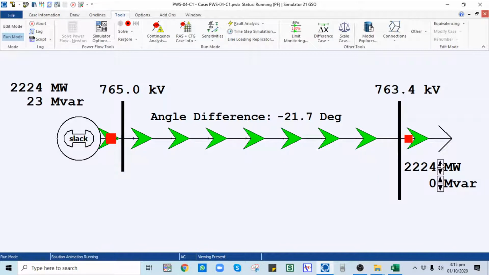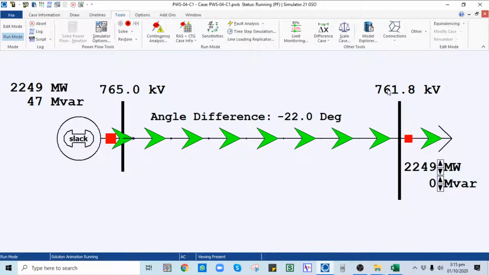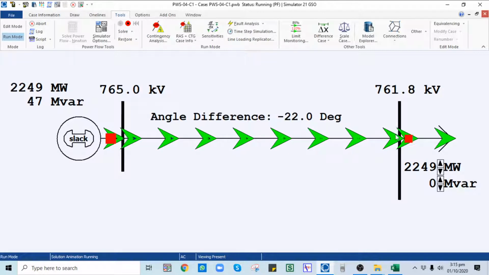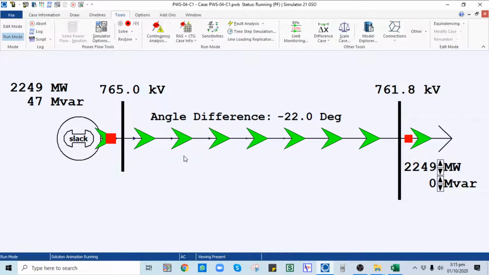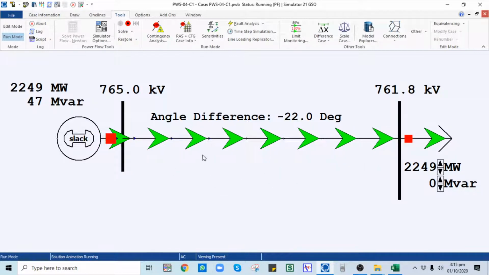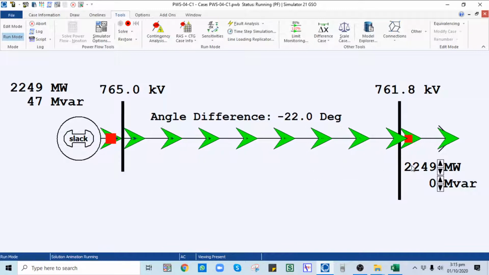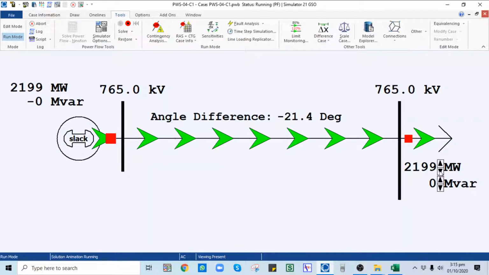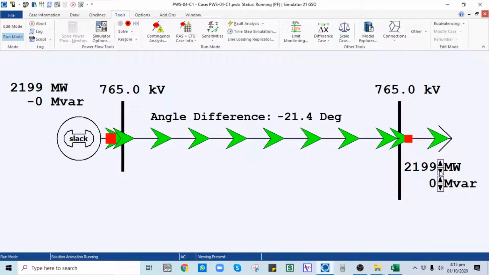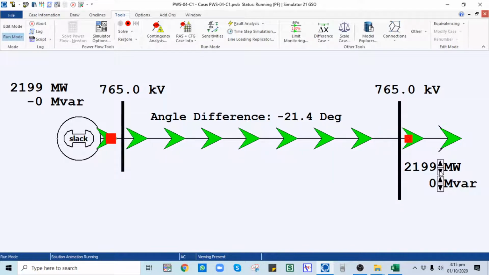Increase this SIL, and here you can see that the voltage at the load end is reduced and the reactive power losses through the transmission line is increased. And similarly, go back to the load below the SIL value, the surge impedance loading.